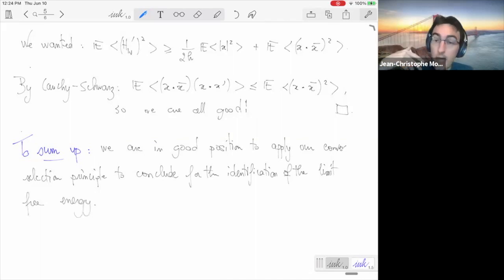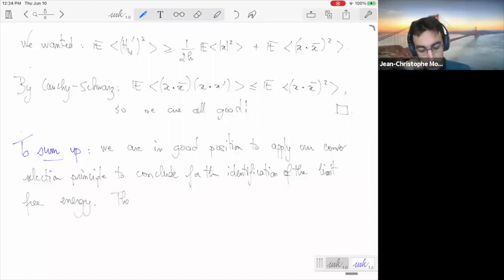The only extra ingredient we will have to use compared with our situation for Curie-Weiss is that we need some extra juice to say that this fluctuation term is small. This we didn't have to think about it for Curie-Weiss, but now we do have to think about it.